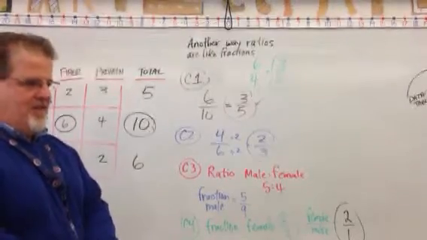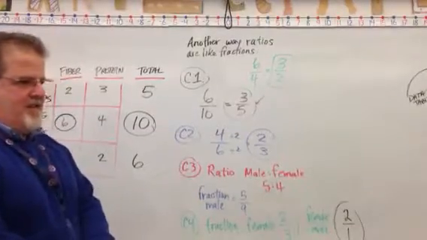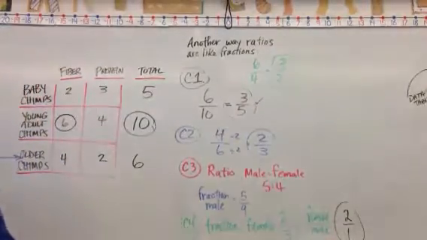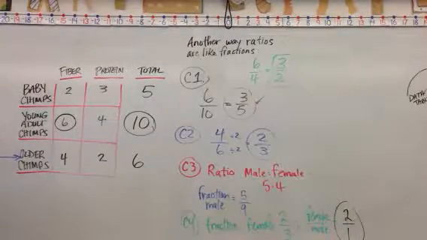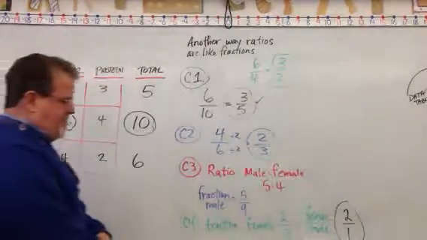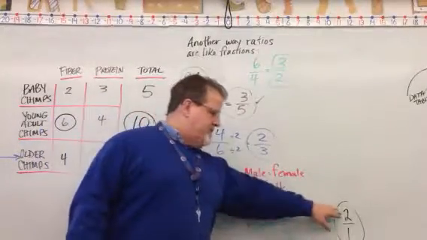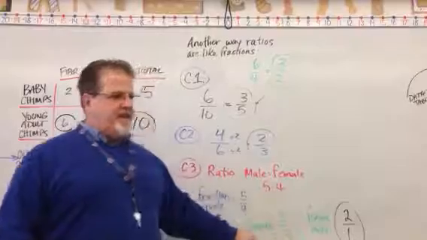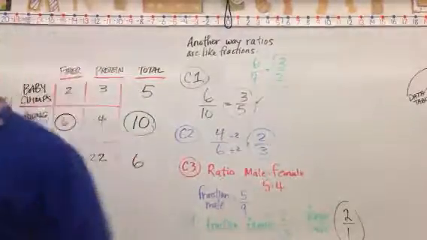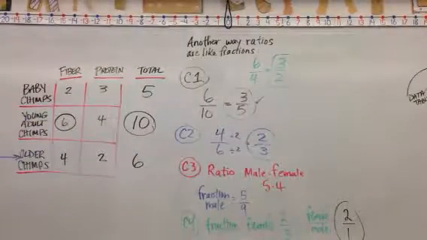So 2 to 1, female to male. So there's 2 females and 1 male. 2 females and 1 male make up 3 chimps in total. So the fraction that are female is 2/3, but the ratio of female to male is only 2 to 1.